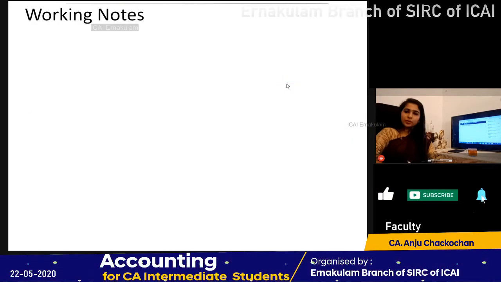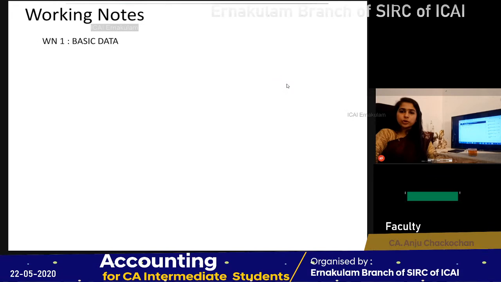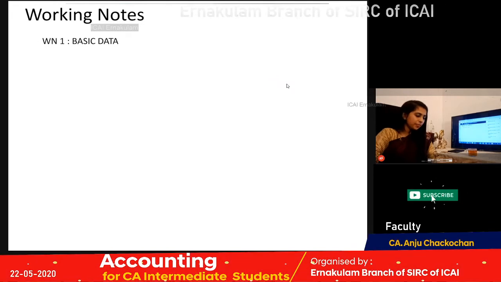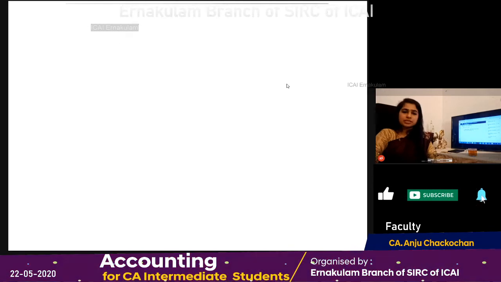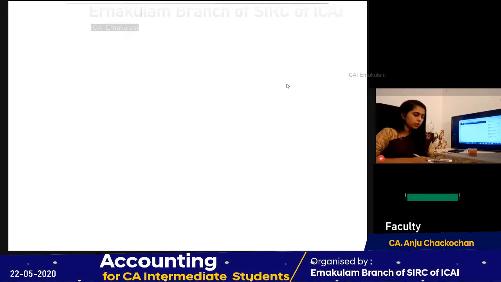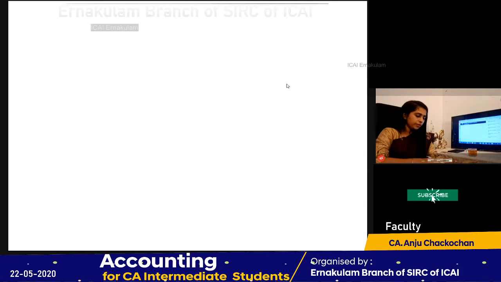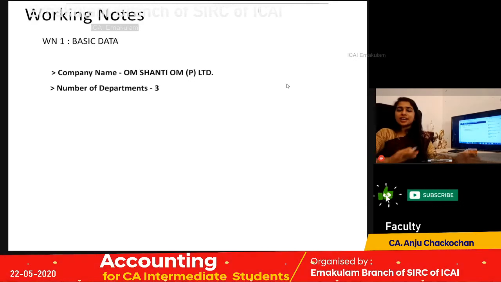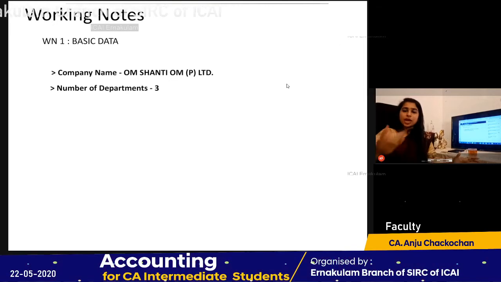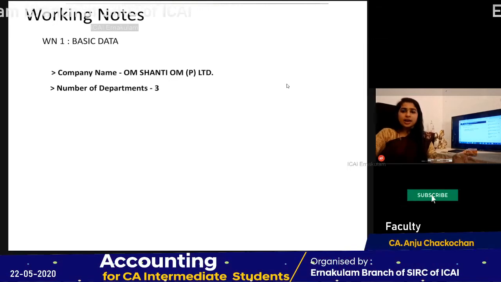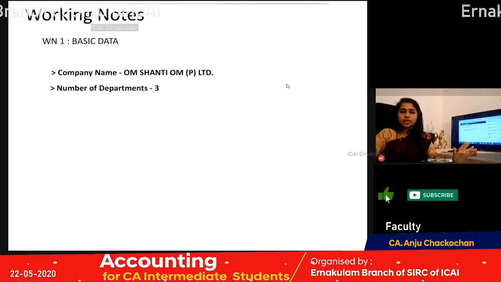Now our working notes. As usual, our first working note is basic data. The company name is Om Shanti Om Private Limited and the number of departments is 3. We just have to write these two points, because all other data is given in the table, so you don't actually have to rework on that. Just this would be more than sufficient.